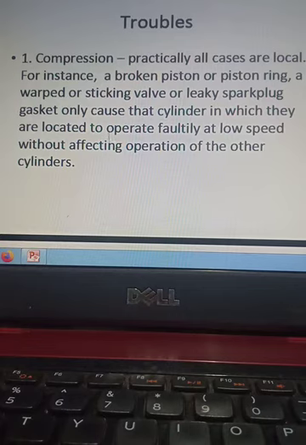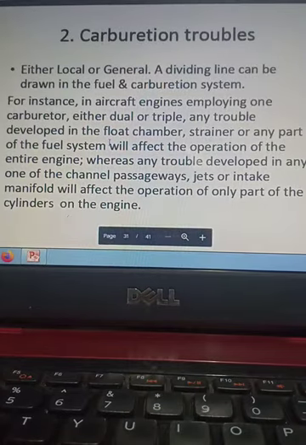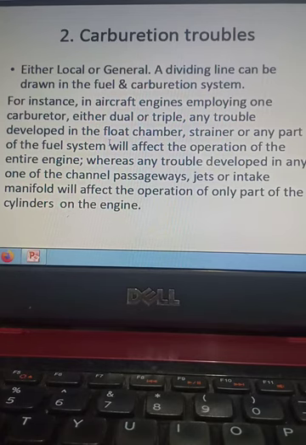So, isa lang ka portion. For the second trouble, which is the carburation, either local or general, no? A dividing line can be drawn in the fuel and carburation system.